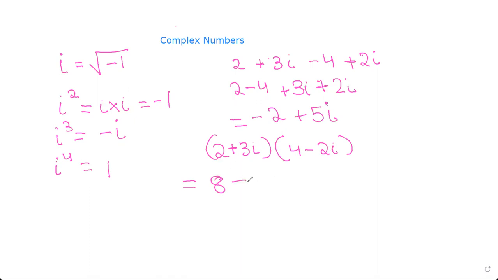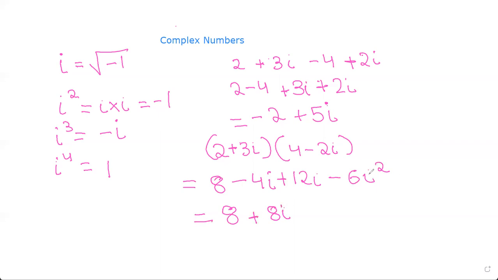Minus 2 into 2i, which is 4i. 3i into 4, which is 12i. And 3i into minus 2i, which is minus 6i squared. So this can be written as 8 plus 8i.